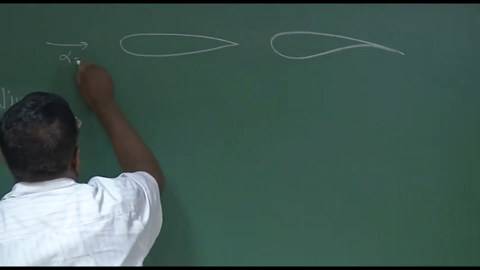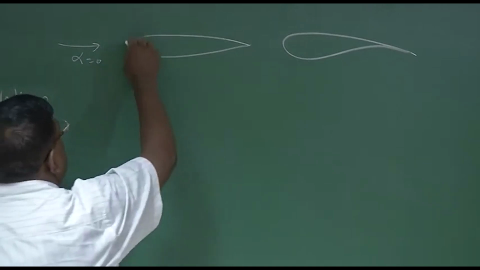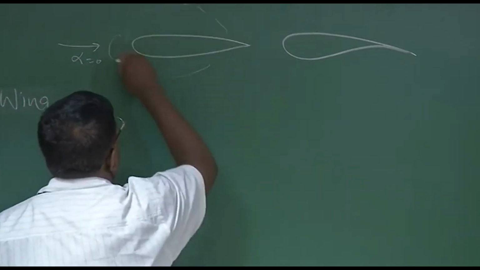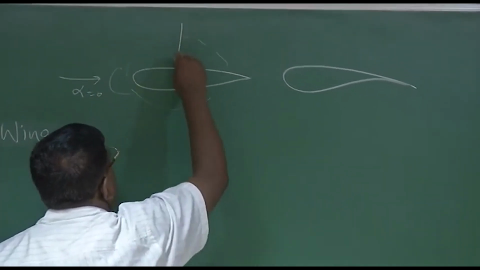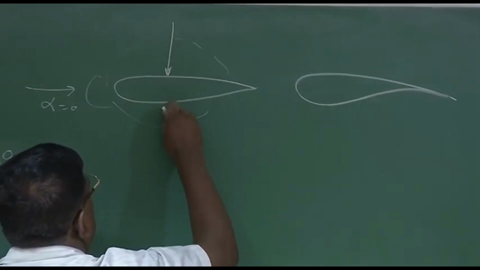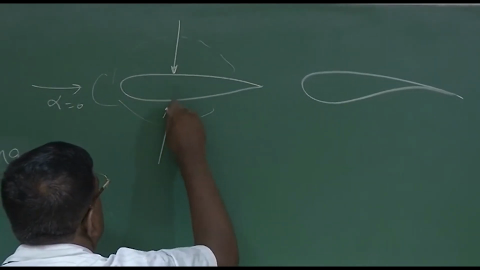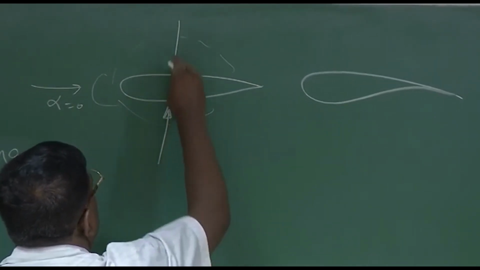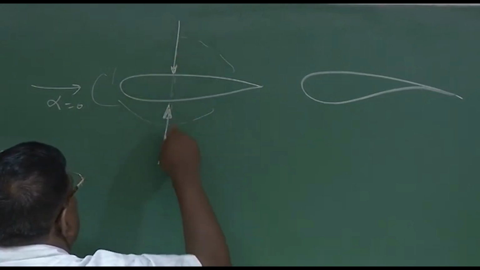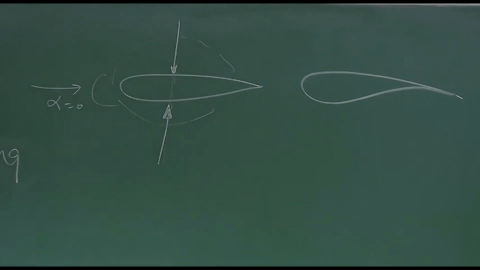Especially at alpha equal to 0, it is fair enough to understand that whatever pressure distribution comes over here, if I integrate the top surface and the bottom surface, they will be of equal magnitude at alpha equal to 0.